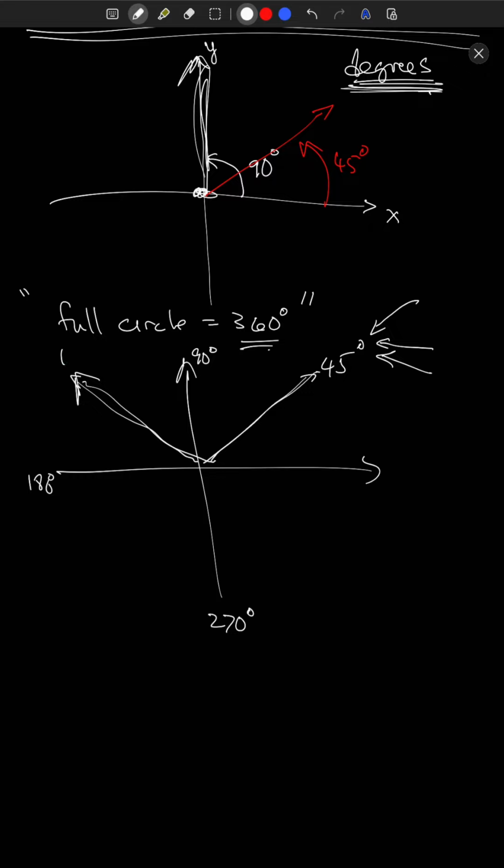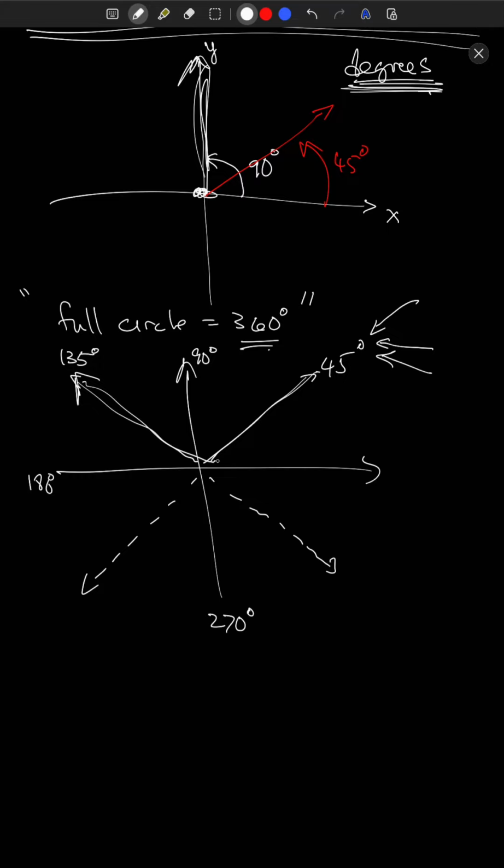Okay, regardless, you're going to get 135 degrees. All right. So you can figure out this guy here, and you can figure out that guy there. So those are some common and natural angles that we might see in applications.